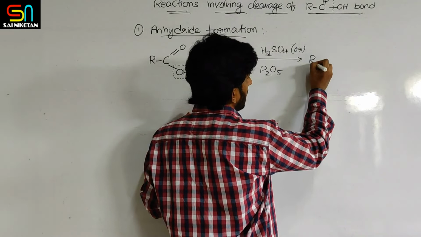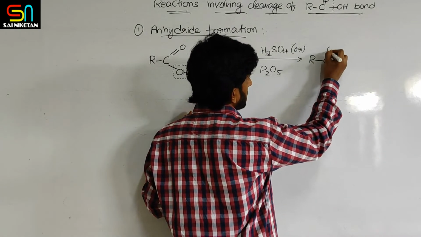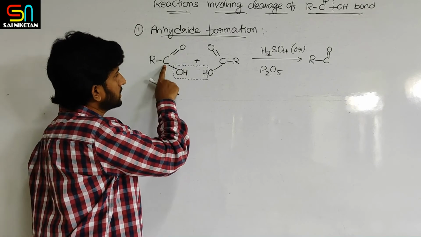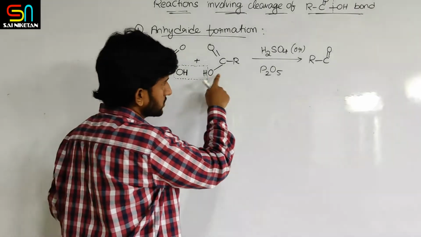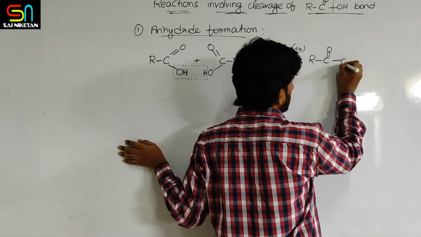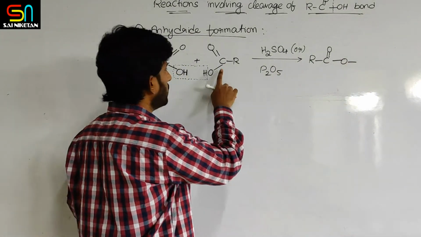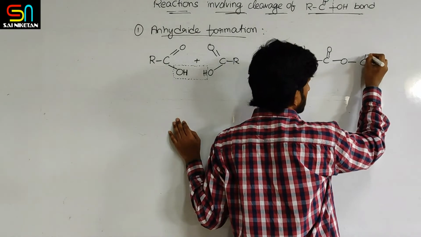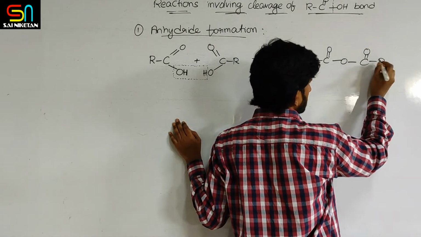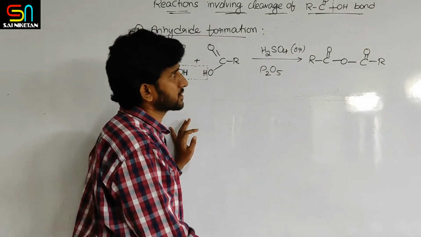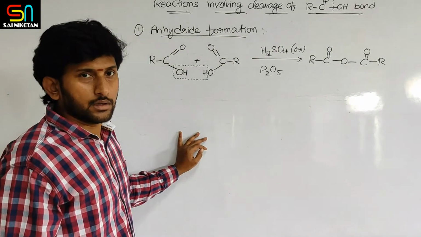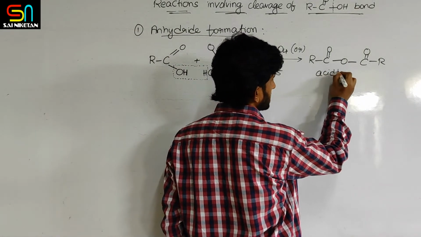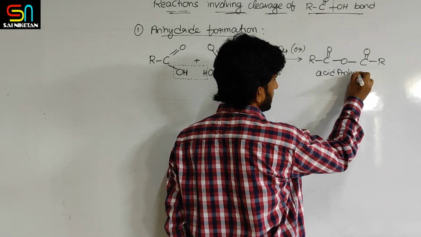So R C double bond O, this carbon linked to this O. So I will write here O, then after O again C double bond O R. This is acid anhydride.